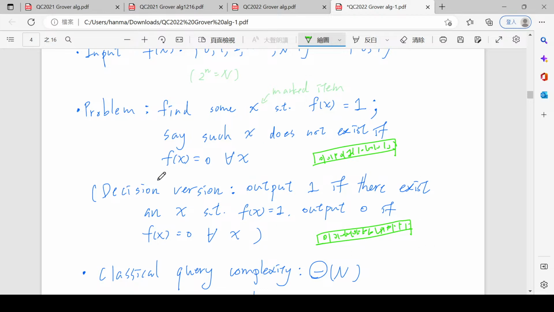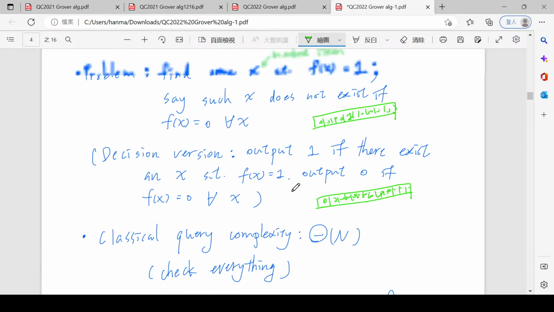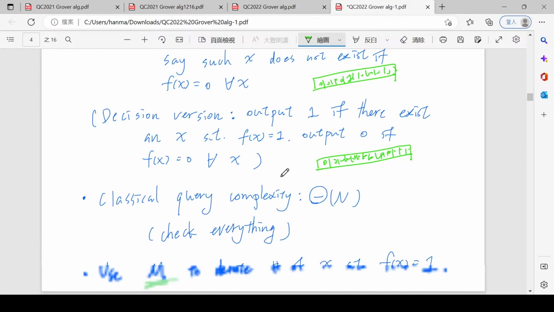If there are multiple, then things get more tricky. I guess it should work. Anyway, that's the search version of the problem and the decision version.